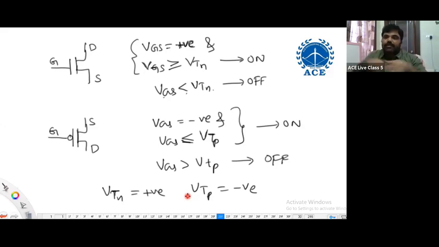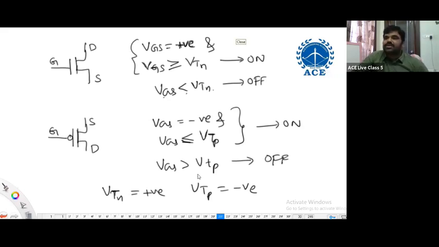As a switch, we want full control over on and off. Without applying gate potential, if you apply a voltage difference between drain and source, it is conducting in depletion MOSFET. That means we don't have control on the switch. That is not accepted. Understood?